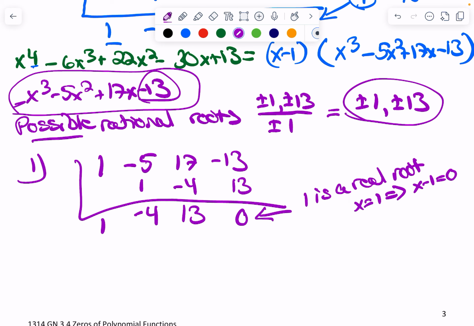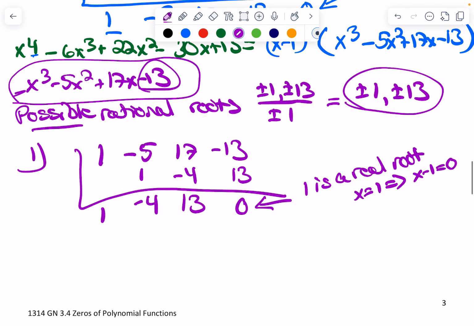Okay, so what do we need to do next? So we got to the point. Our original equation is this one right here.